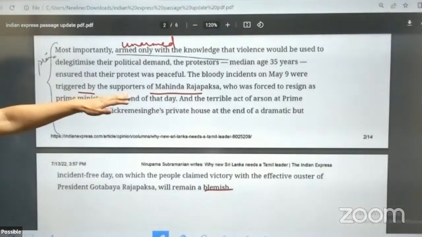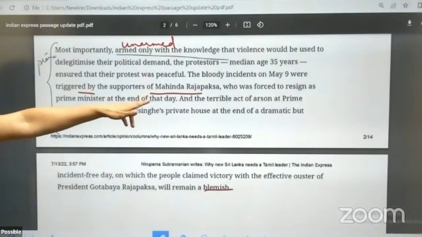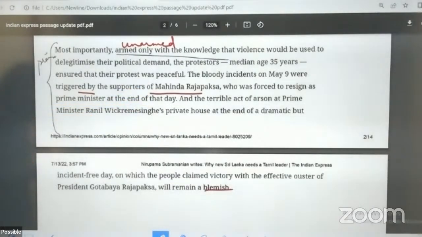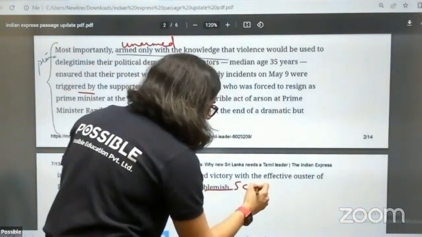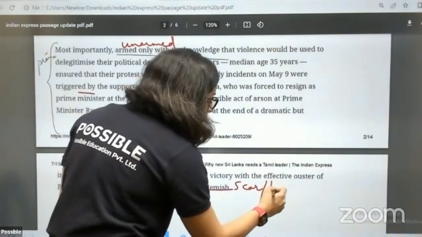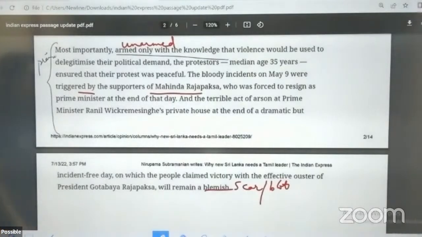However, the arsonery means fire and the violence bit, which was done by the supporters of a political person. Very good. Blot, spot, scar. That's correct. So blemish is a scar or a blot, which means a bad thing. Right?